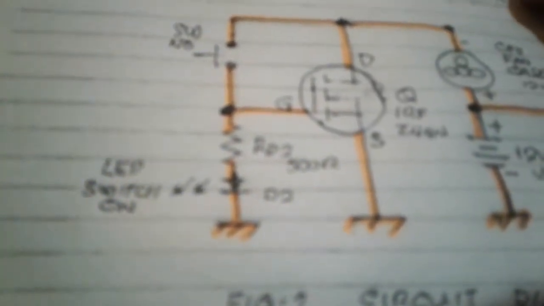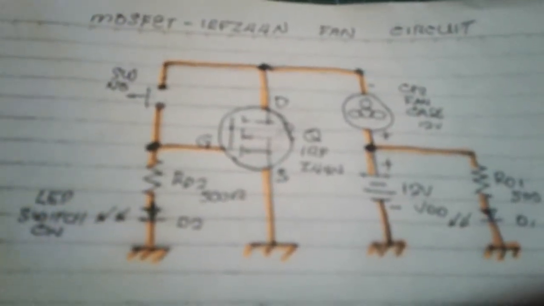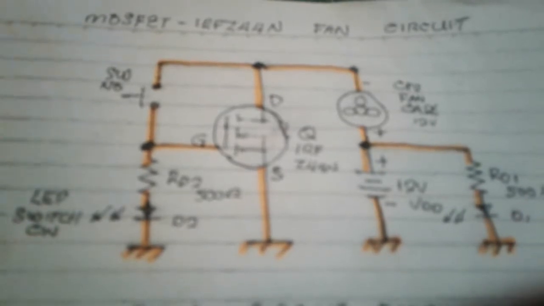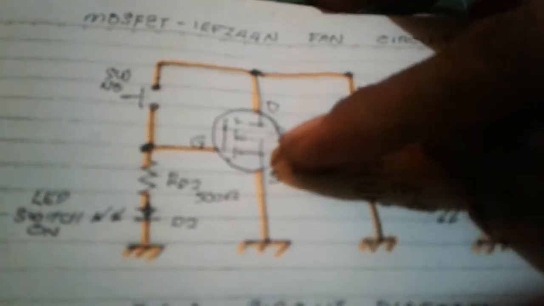And we have this called gate threshold voltage. That gate threshold voltage is the minimum amount of the voltage necessary to conduct this Mosfet, which is around 2, 3, up to 4 volts.